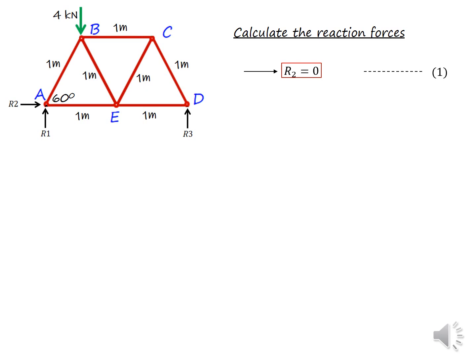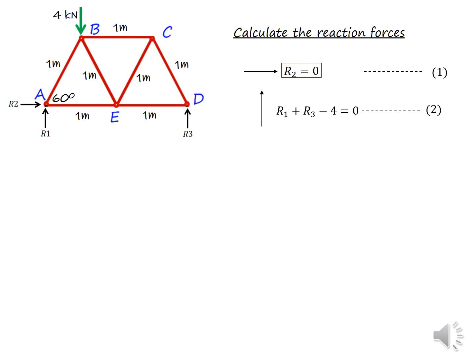All the horizontal force components added together should be equal to 0. In this structure the only horizontal load is R2, so that should be equal to 0. From that we can find the value for R2.